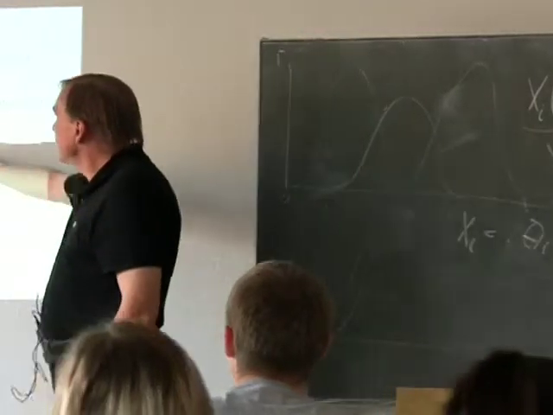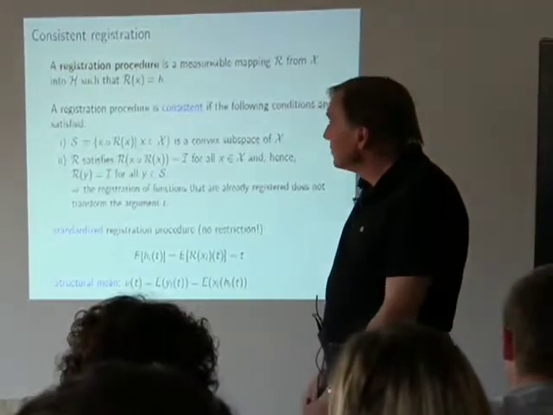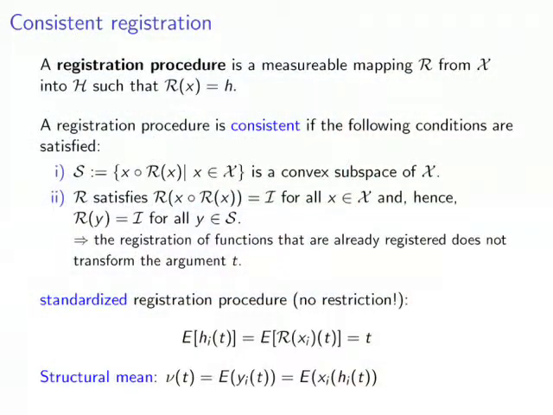So what we require is that if you have already registered a curve, so you have a curve and have defined a warping function, and then you input this yi into the procedure again, then it shouldn't change. The registration procedure should be clever enough to say, oh, this is already registered. Nothing should be done anymore to that. Okay? So that's the second.